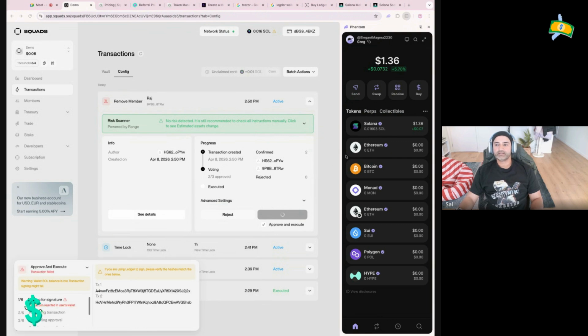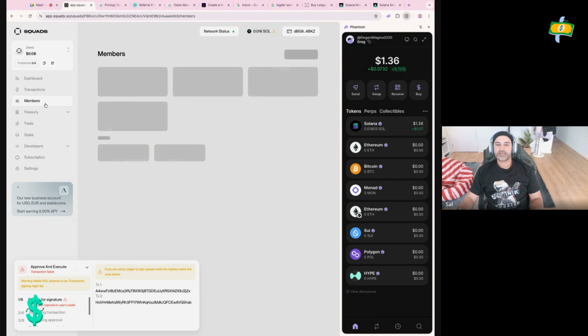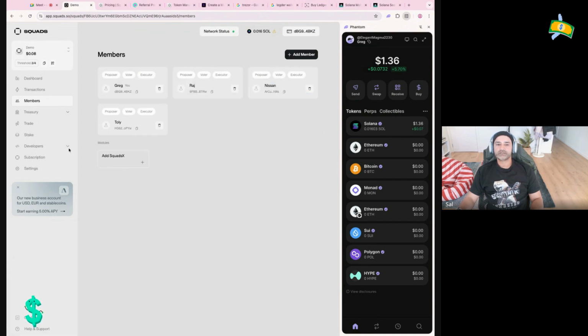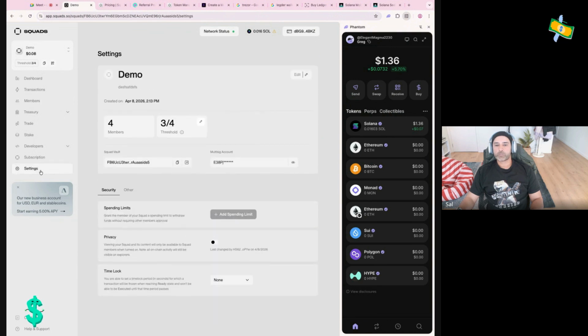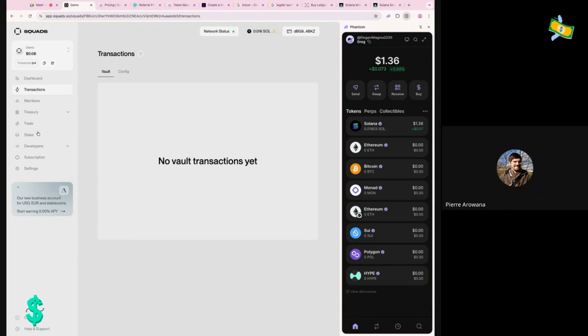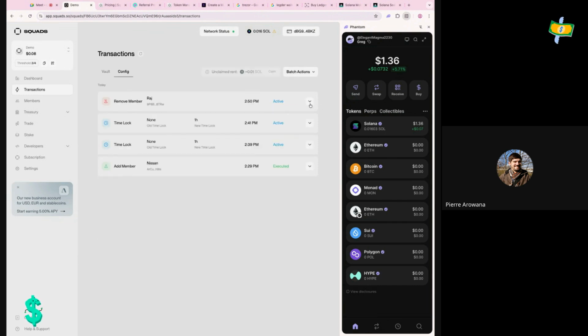So this is where you've got to be careful with some of the setups that you have, right? Before removing Raj, we may consider changing the threshold. Will the program prevent bricking the multisig?